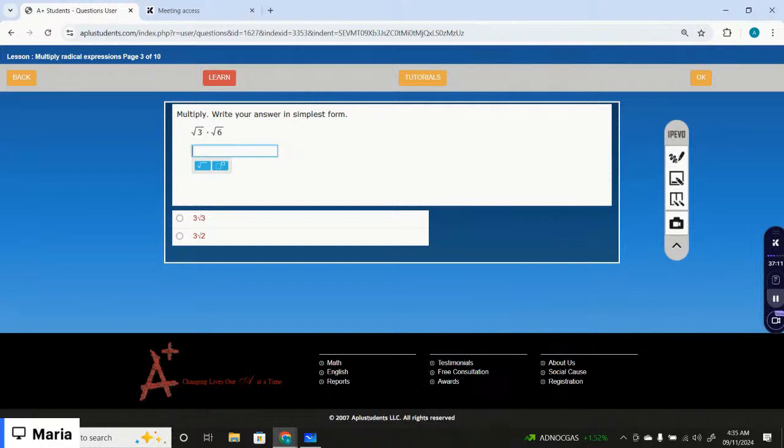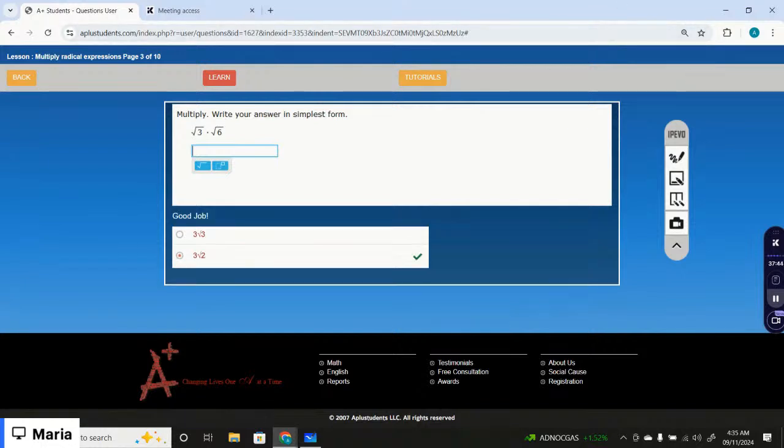Square root 3 times square root 6, which is the correct option? The correct option is 3 square root 2. Option number 2 is the correct option.